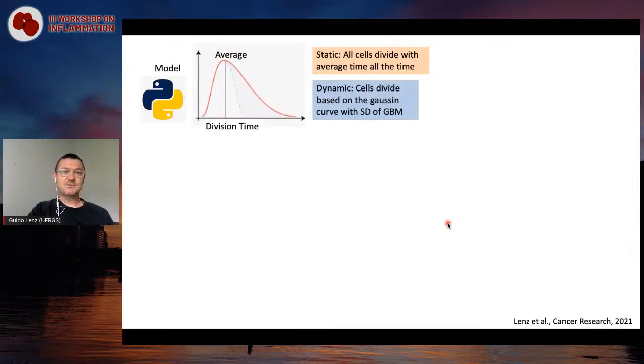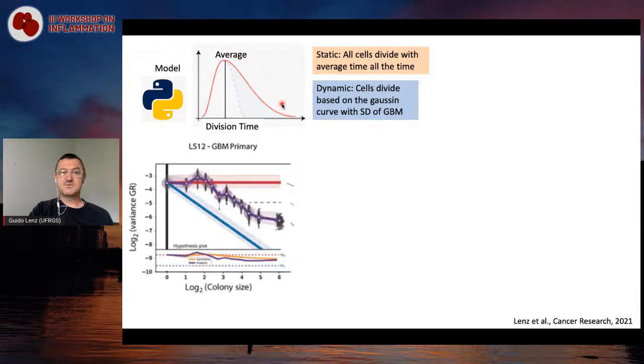So to try to answer this, we used a Python model to make all cells divide at the average division time, or distribute the division time over the distribution we observe in real cancer cells. So this is the colony variance plot of a primary glioblastoma, which we isolated from a patient. And we used the values of the variance observed of the single cells and of the colonies here at the middle and at the end.